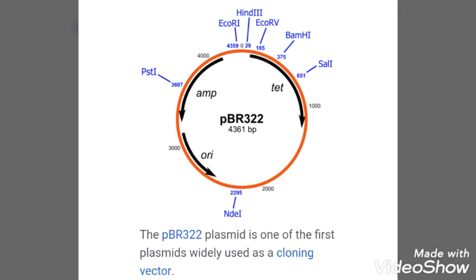In rDNA technology or genetic engineering experiments, such plasmids are used as the most important tool in the laboratory. The DNA of bacteria, viruses, and all organisms is composed of nucleotides. As well, the plasmid also has nucleotides with nitrogen base pairs, so the plasmid is nothing but DNA material.